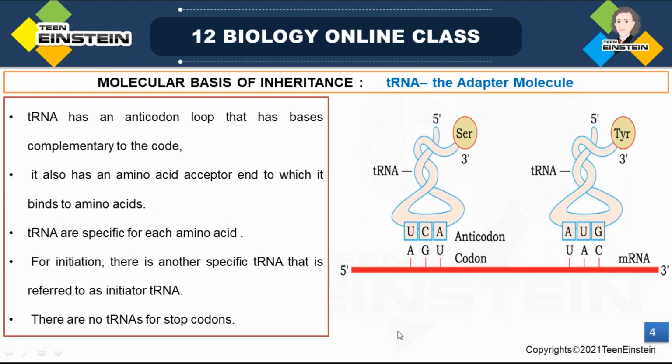Now you can see the tRNA, which has an anticodon loop. First we explained the mRNA, the red line, and from it we selected one codon, AGU. Next, the top part is the tRNA, and this loop is called the anticodon loop.